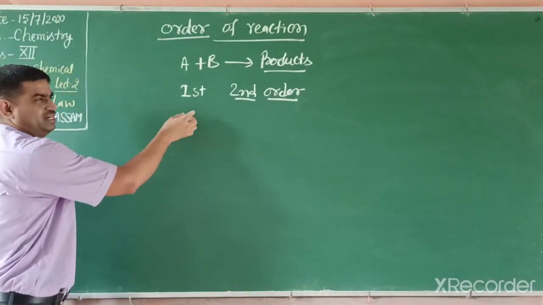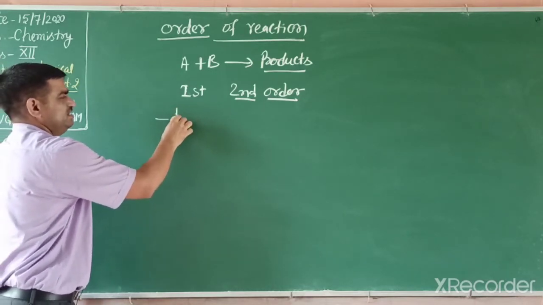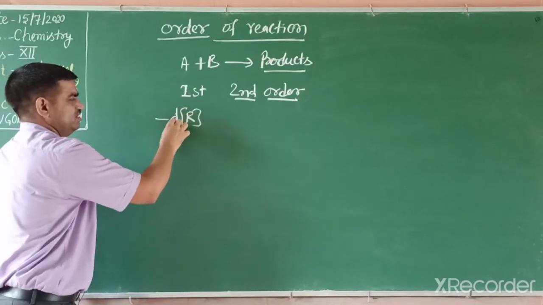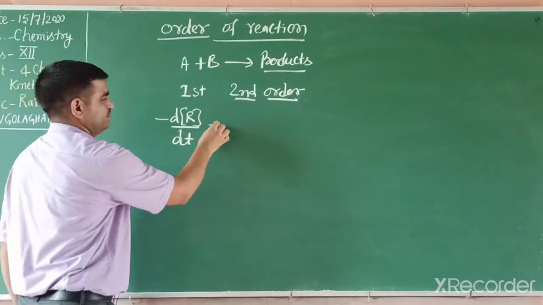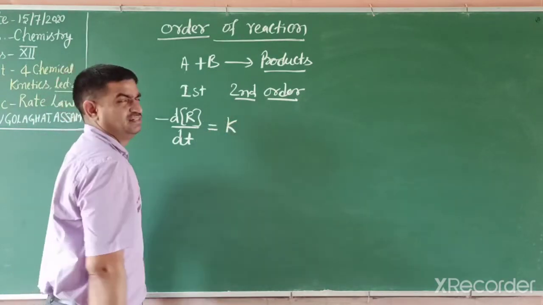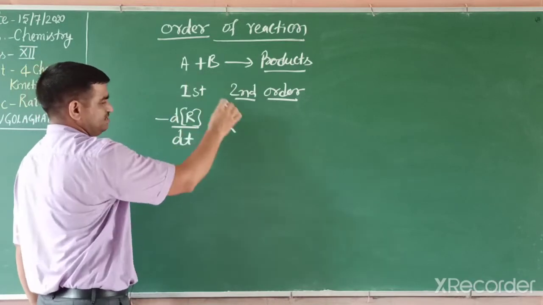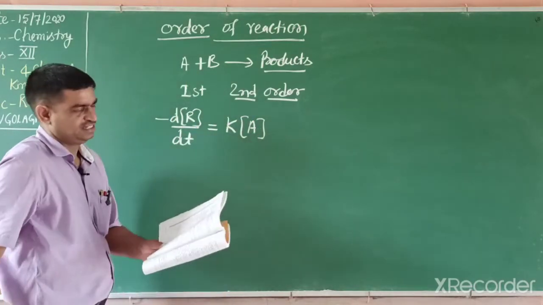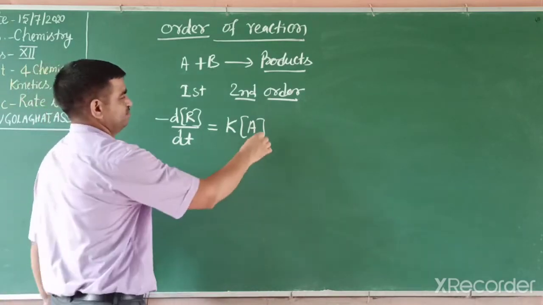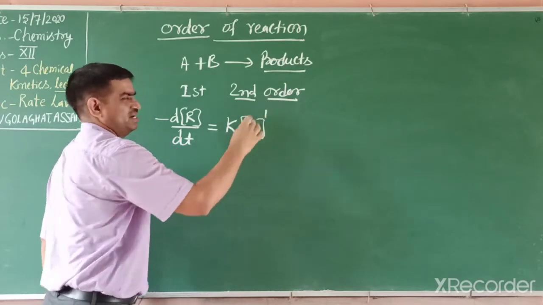We know the rate of reaction is directly proportional, so minus d[R]/dt, the change in concentration of reactant, is equal to k, the rate constant, the proportionality constant. First we write reactant A, which is first order as given in the NCERT book. We can write power 1 or not write it.